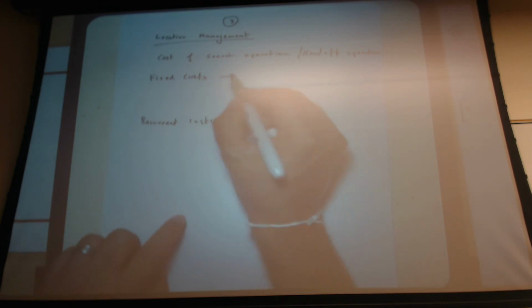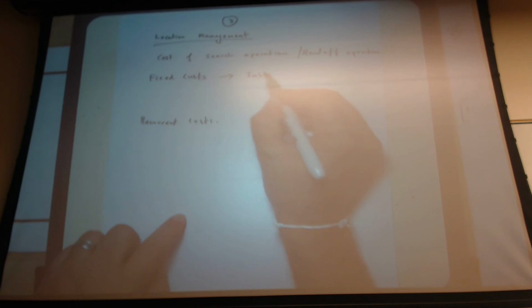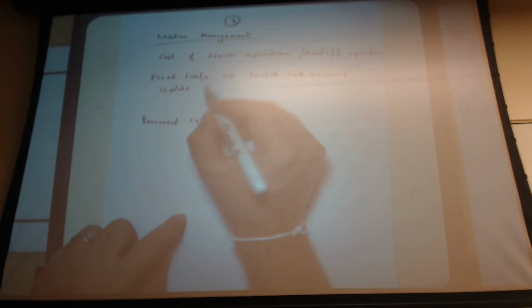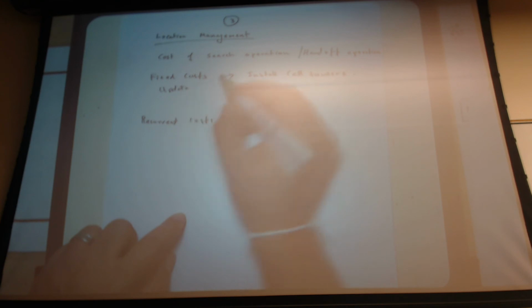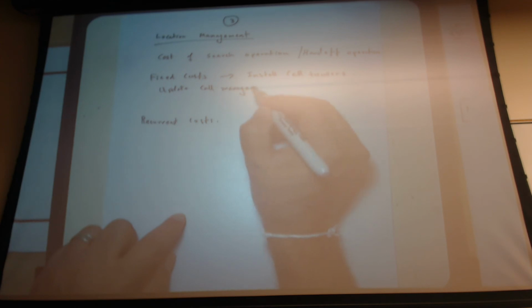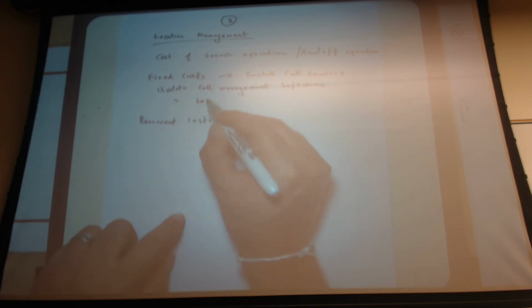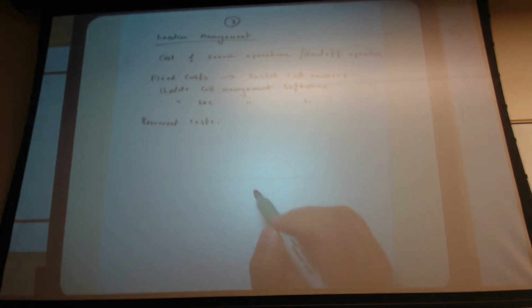So what is that fixed cost? The fixed cost is that you have to install cell towers. You have to update the call management software, update the location management software, and all these things.